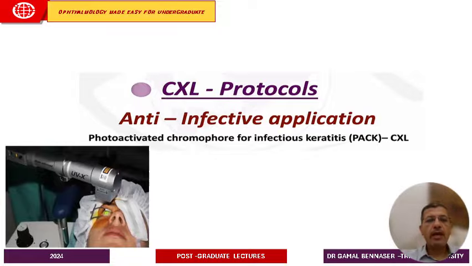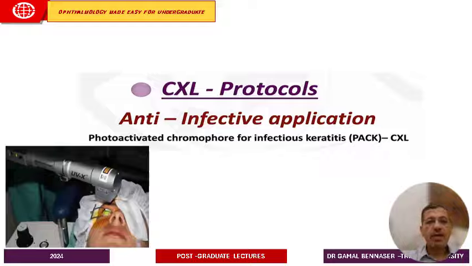Now we come to another alternative modality of managing infectious or microbial keratitis, which is known as the BACCXL. BACCXL stands for photoactivated chromophore for infectious keratitis. This is a novel technique that uses cross-linking as a primary technique or alternative to antimicrobial treatment, or as adjuvant therapy in combination with antimicrobials.